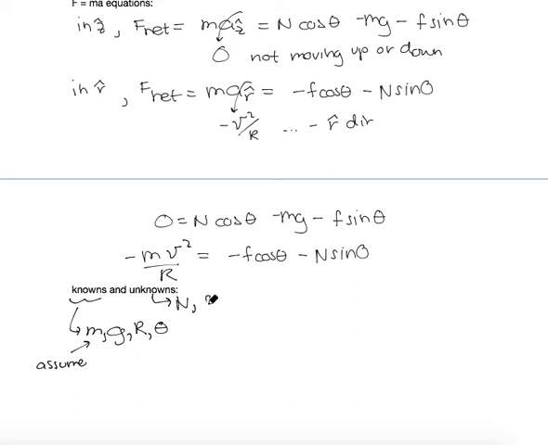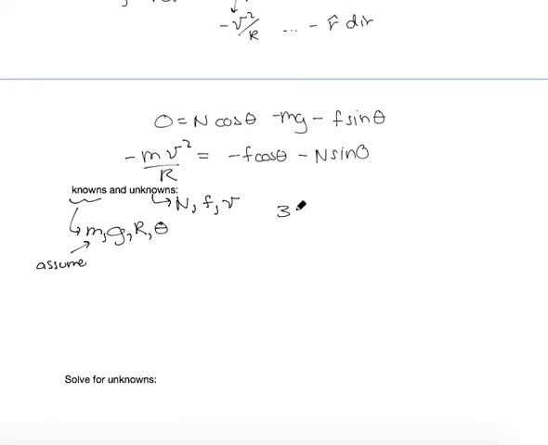Spoiler alert, I guess. We don't know those, so we've got 3 unknowns but only 2 equations. At this step, you figure out that you missed an equation, which is the friction equation.